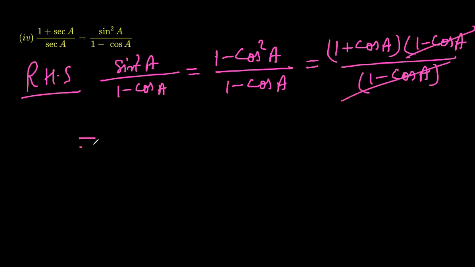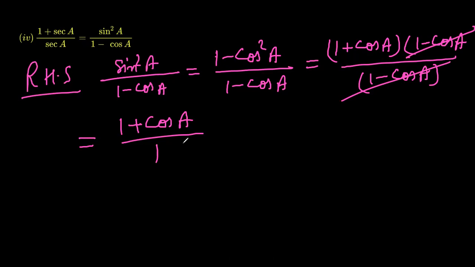So we are getting 1 plus cos a by nothing, that means by 1. We can write it this way because we want to express in terms of sec. So we will divide both numerator and denominator by cos a.